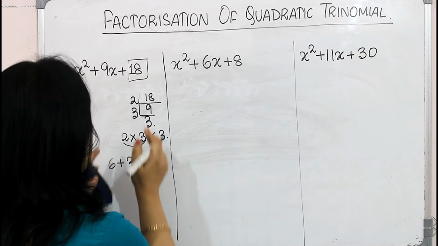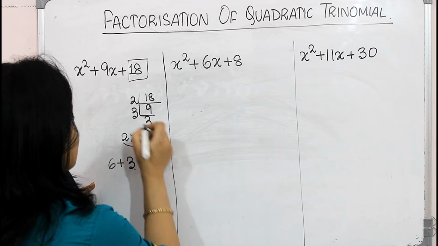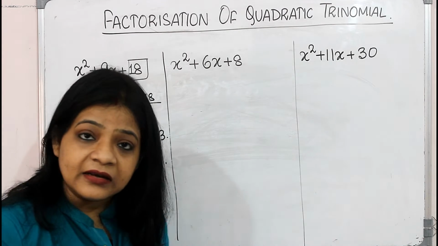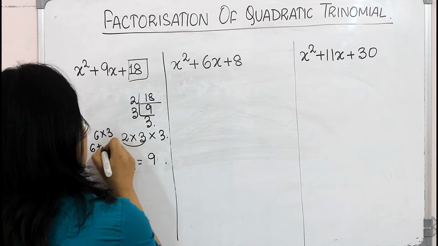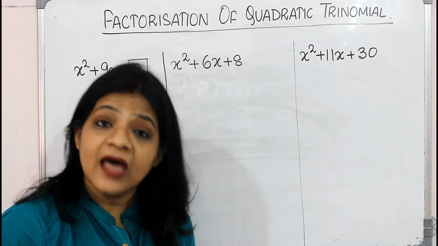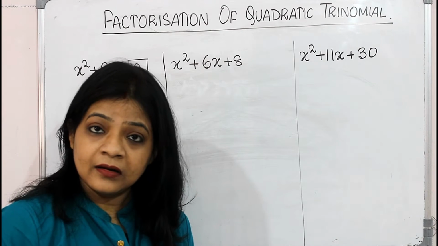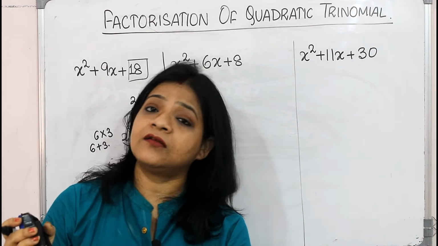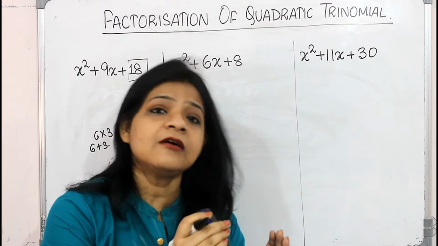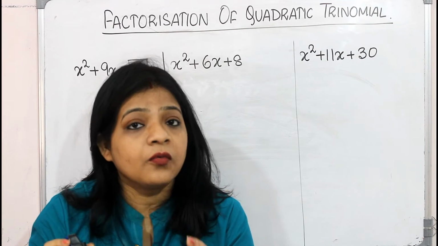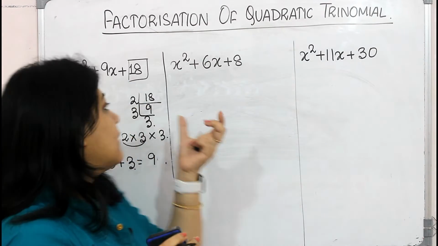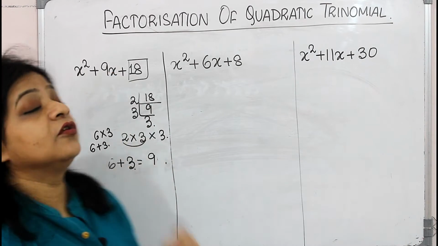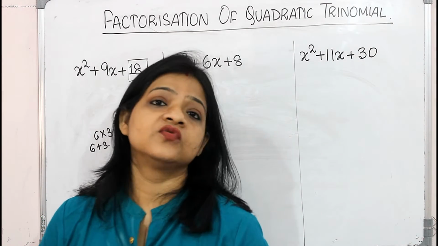So, 6 into 3 gives the product as 18, and 6 plus 3 gives the sum as 9, right? So after doing the factorization, you are to choose the factors in such a way that their sum is equal to the middle term.